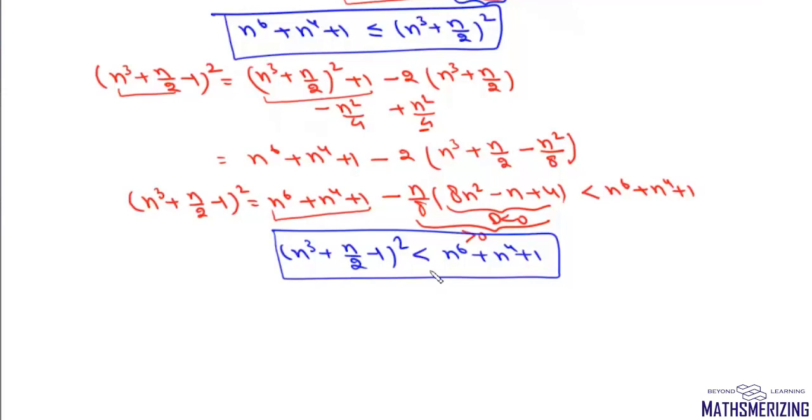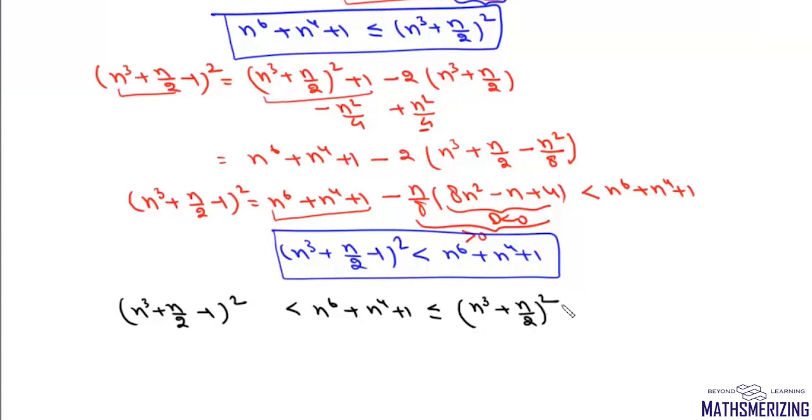Now from these two results, we can say that n to the power 6 plus n to the power 4 plus 1 is strictly greater than n cube plus n by 2 minus 1 whole square, and it is less than or equal to n cube plus n by 2 whole square.